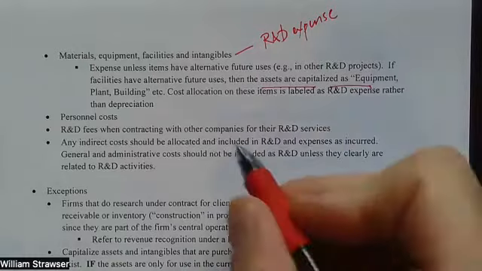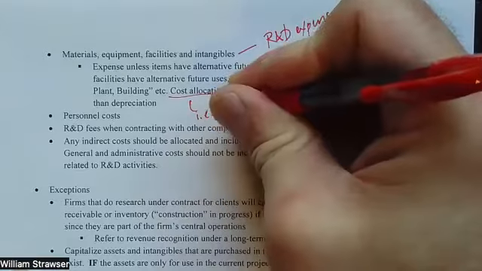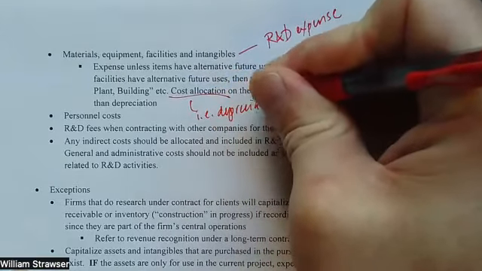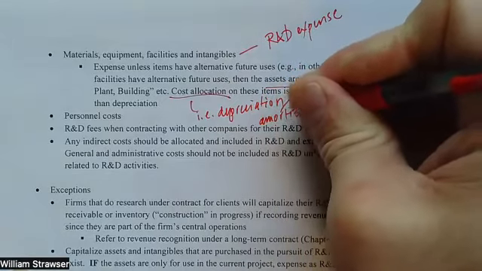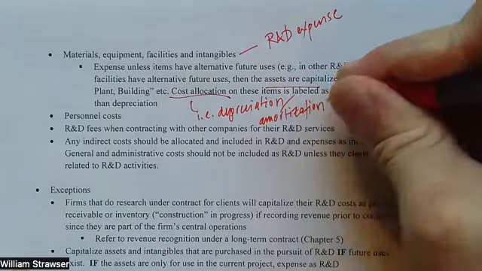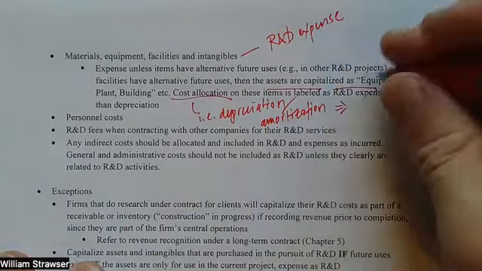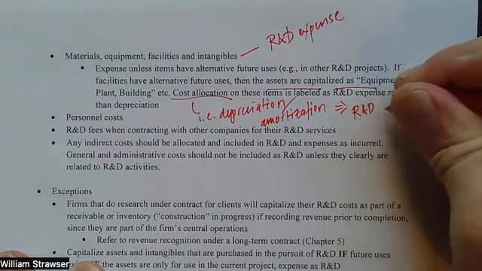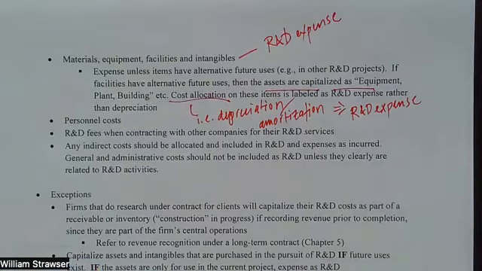But when we have cost allocation, i.e. depreciation or amortization on this item that was capitalized because I can use it in a future project, this depreciation or amortization is also R&D expense, even though its asset is usable in other things. As long as it's being used in the R&D process, we treat it as R&D expense.